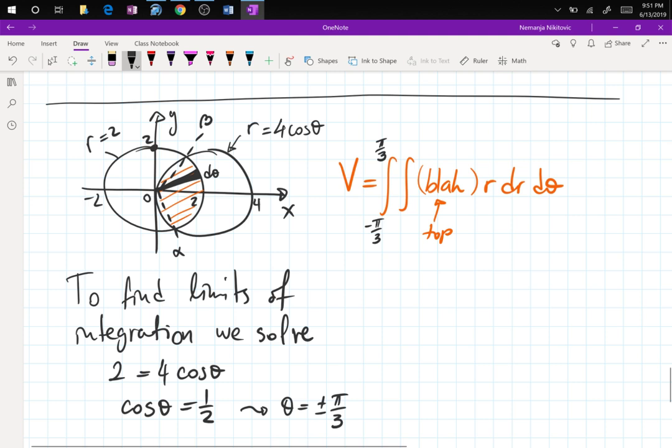I can draw over here another d theta in that little region right there.